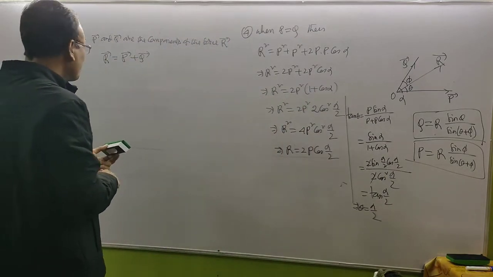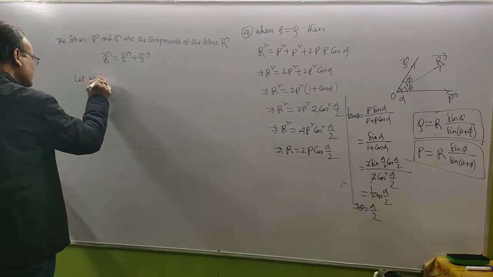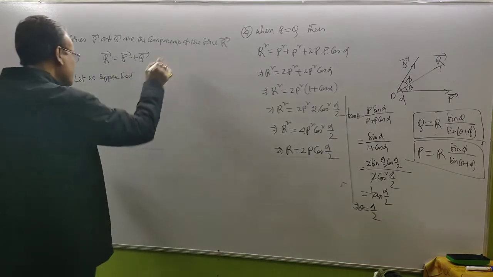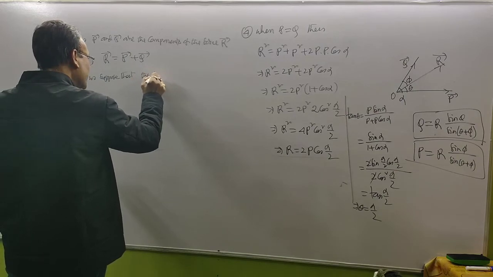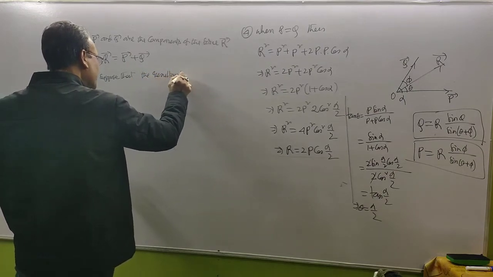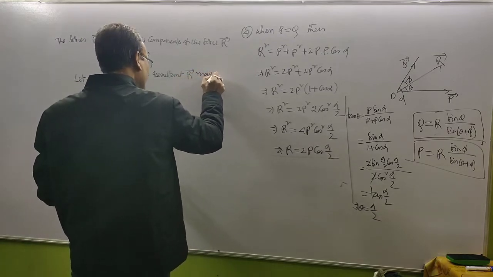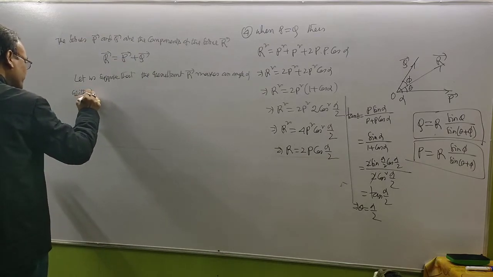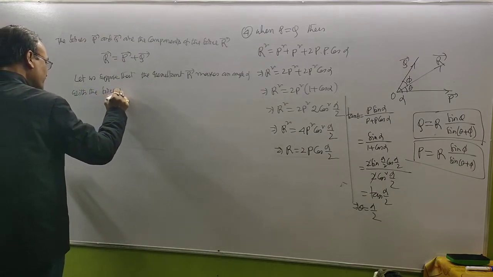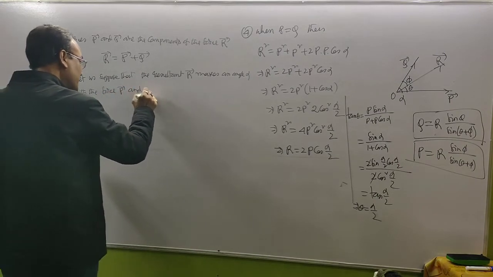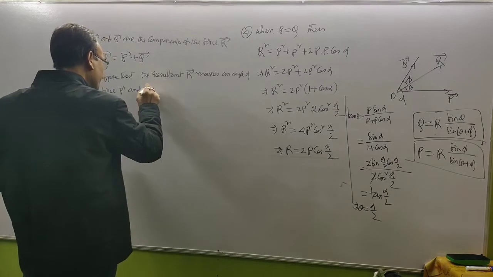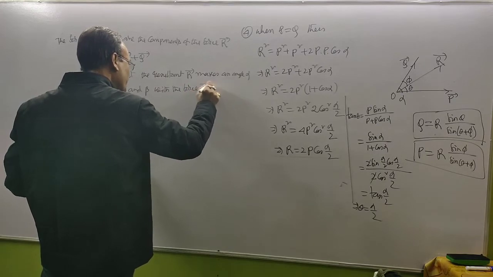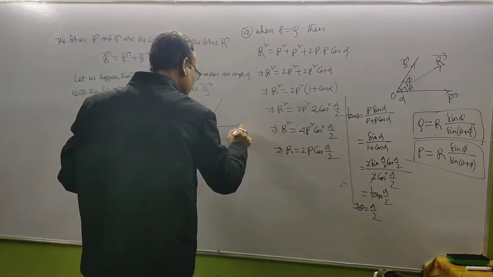Now, let us suppose that the resultant R makes an angle alpha with the force P and beta with the force Q. Suppose these are component forces.